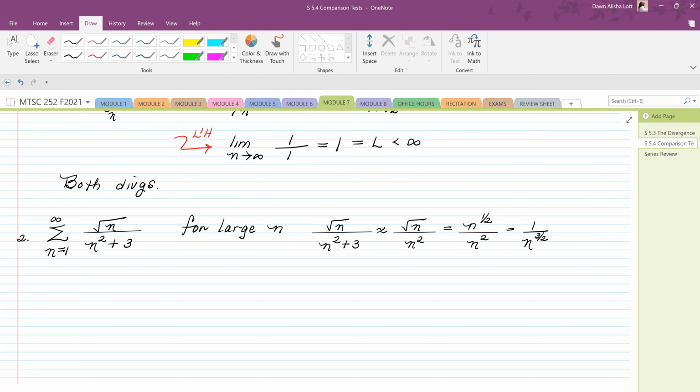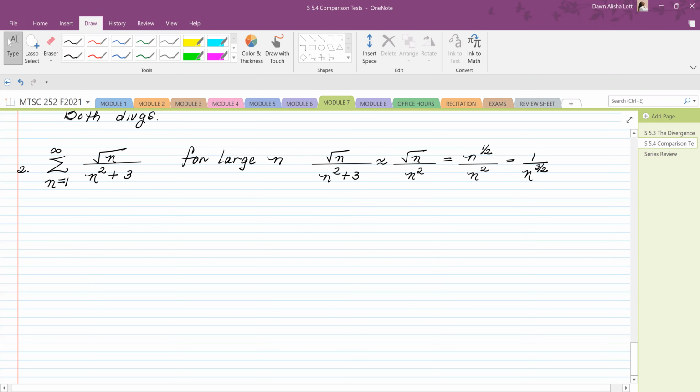So let's use the limit comparison test for that. We're going to let an be the square root of n over n squared plus 3, and we're going to let bn equal 1 over n to the 3/2 power.